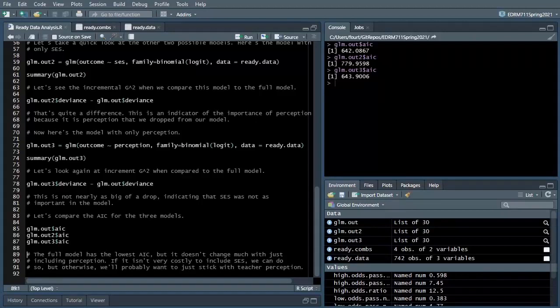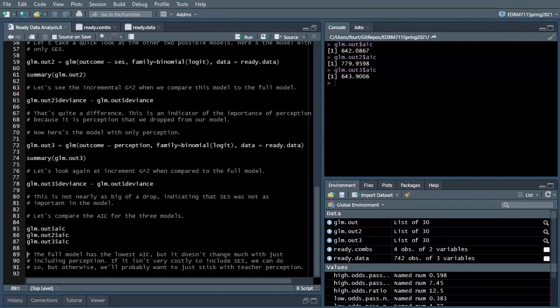The full model had the lowest AIC, but the fact that it doesn't change much when comparing it to just perception means that perhaps I will include SES if indeed I can measure it very cheaply. Perhaps it's already available to me. But otherwise, I probably am just going to want to stick with perception.